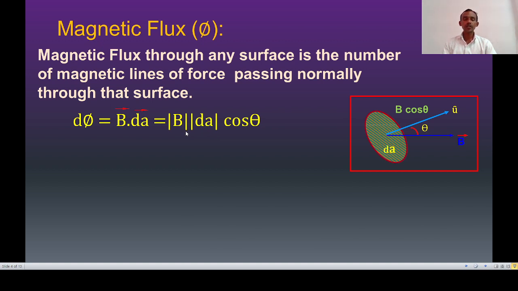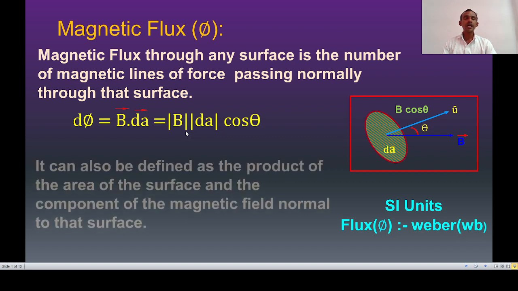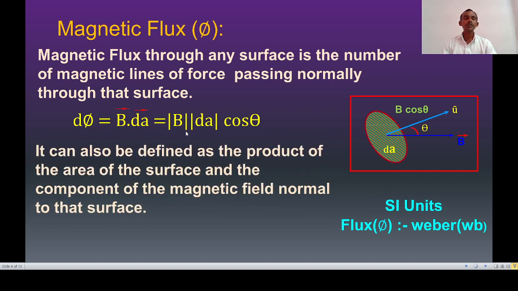Therefore, it can also be defined as the product of the area of the surface and the component of magnetic field normal to that surface. B cos theta is the component normal to that surface. Therefore, we can say that magnetic flux is the product of the magnitude of area and the component of magnetic field normal to that surface.